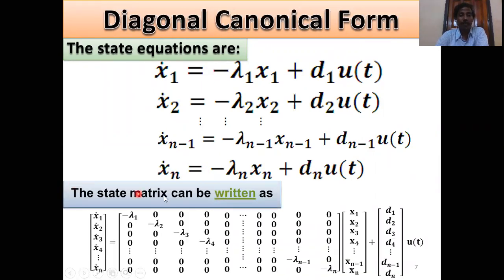Then the state matrix can be written in this form. On the left-hand side we have the matrix x1 dot, x2 dot, x3 dot, x4 dot, up to xn dot.